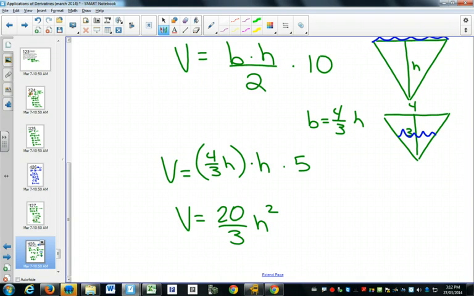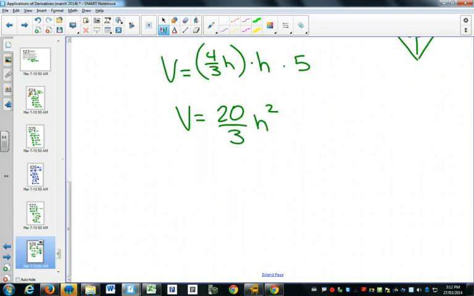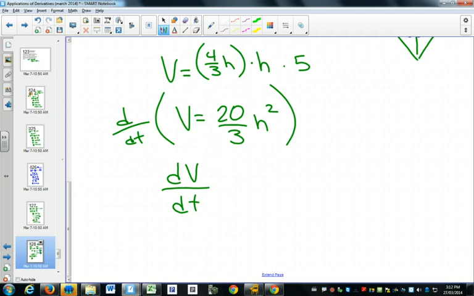Now we do the dH/dt. So we're taking the derivative with respect to time of this whole thing. So we'll get dV/dt equals, sorry, 40/3 h dH/dt.